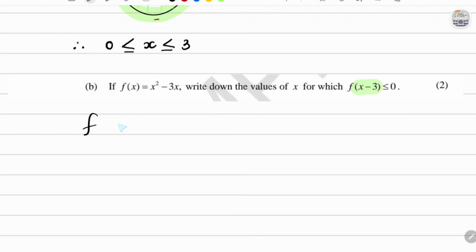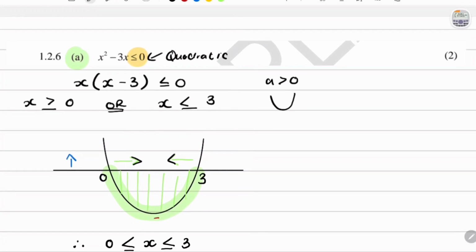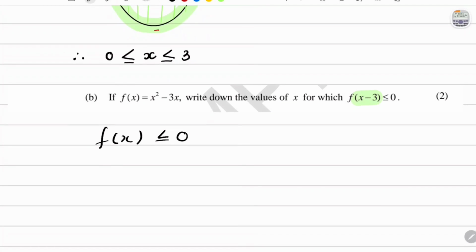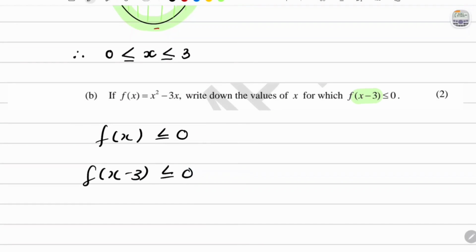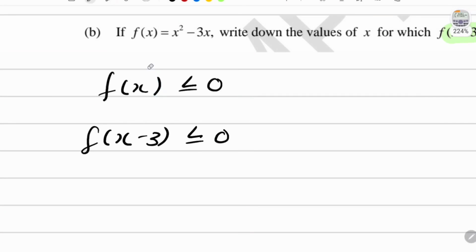We know what the solution is when f of x is less than or equal to 0. That's what we solved here, where this expression was less than or equal to 0, since this now is f of x. Okay, we just need to find out where f of x minus 3 is less than or equal to 0.